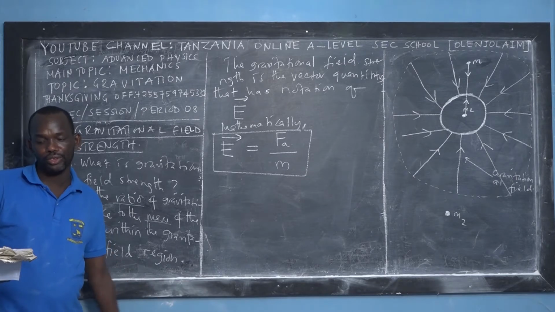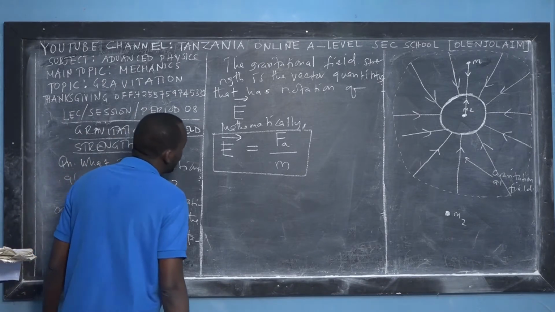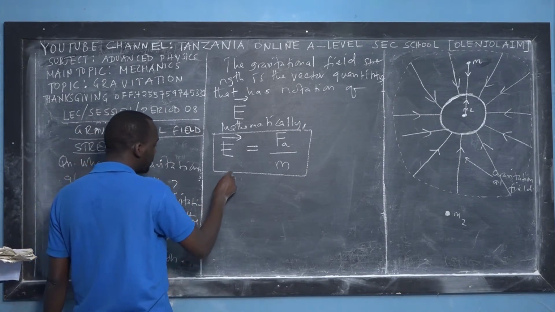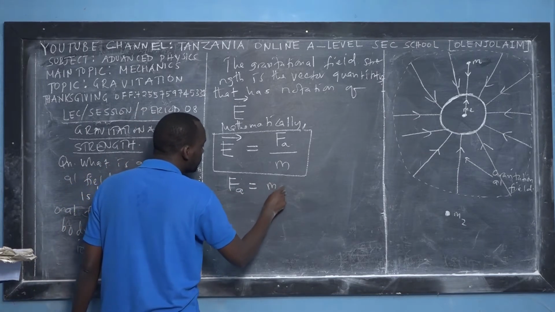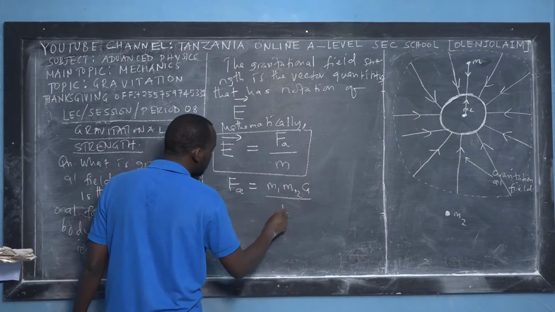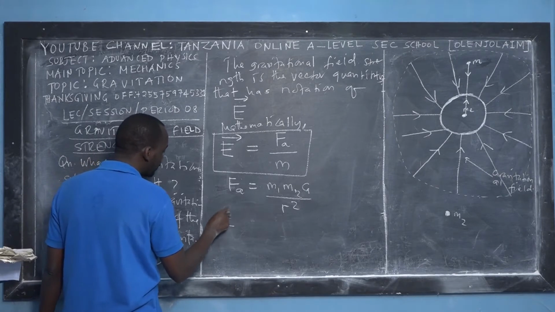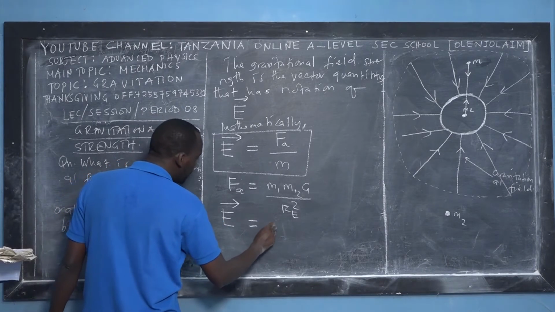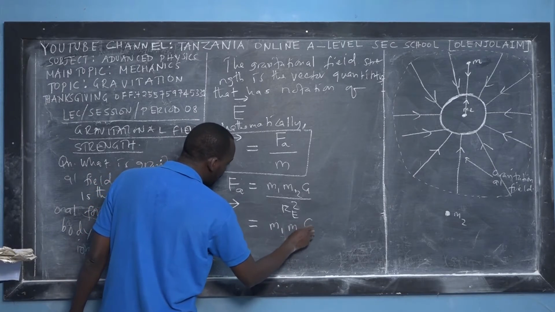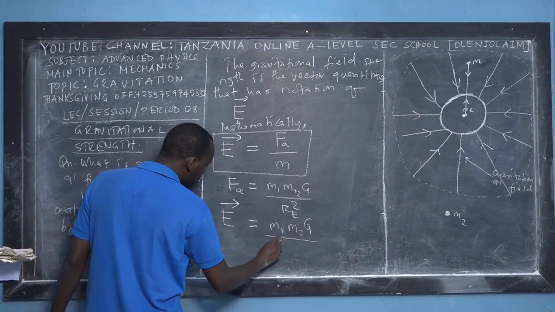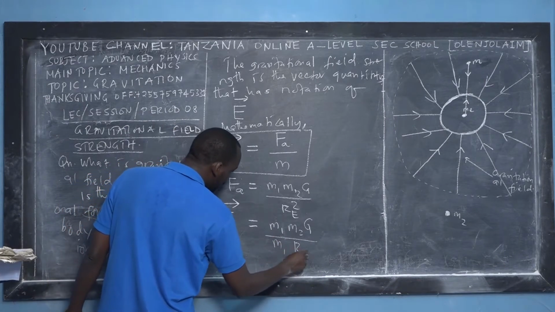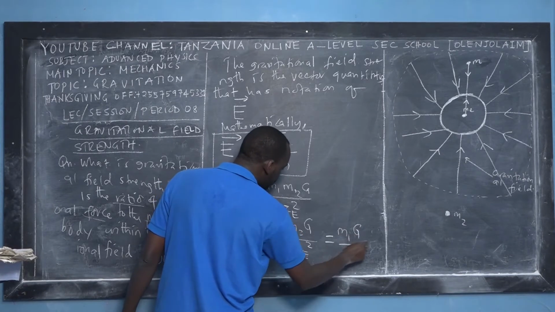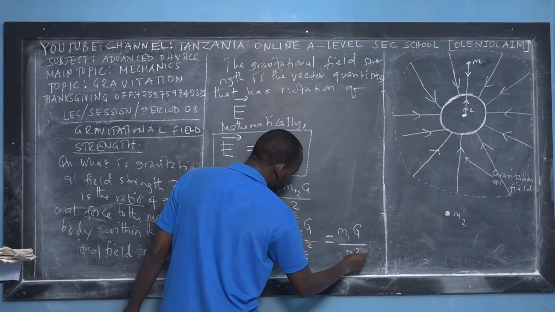Some books use the notation E or U. Because this is a vector quantity, before we go to the SI unit, first the force of attraction between two bodies is mass 1 times mass 2 times the universal gravitational constant, divided by the radius squared. So the gravitational field strength on the S surface will be the ratio of the force, mass 1 times mass 2 times the universal gravitational constant, divided by mass 1 and the radius of the S squared. So these cancel. Simply we find it is mass 1 times the universal gravitational constant divided by the radius of the S squared.